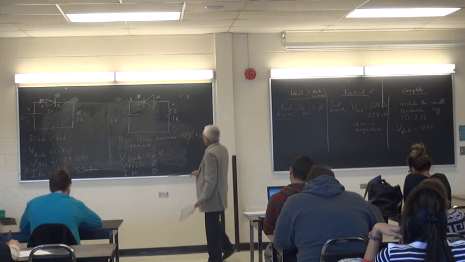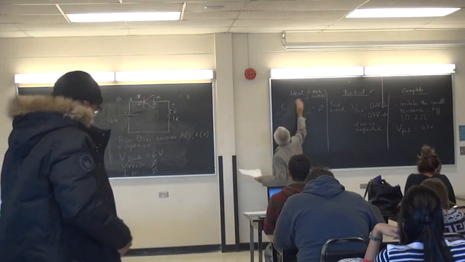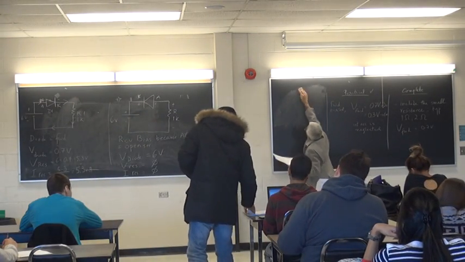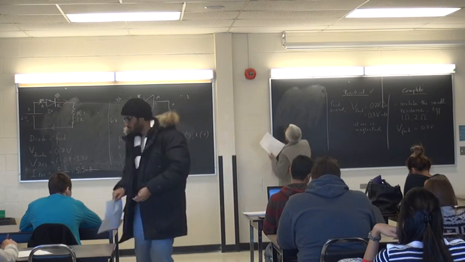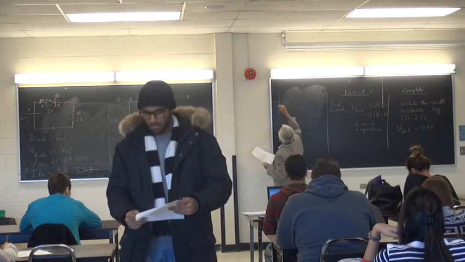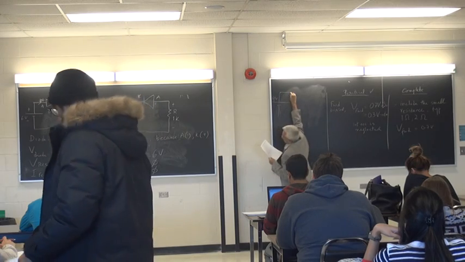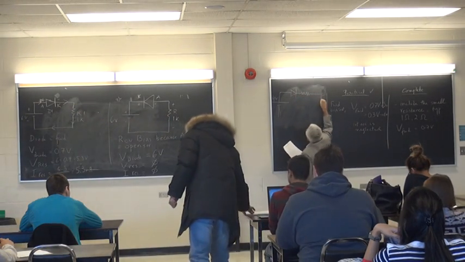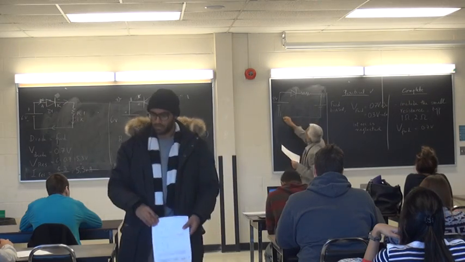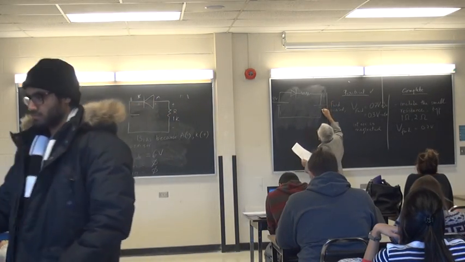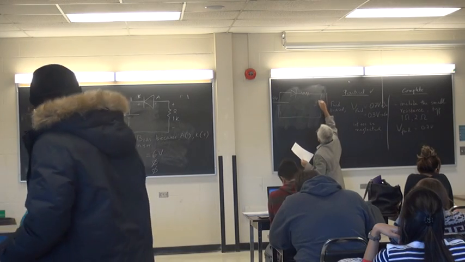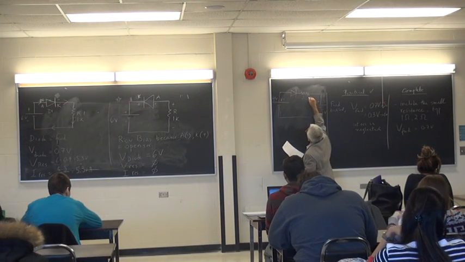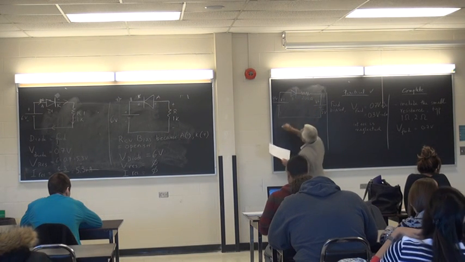We have 2 supplies now. Let's say I've got a 9 volt supply, diode, resistor, another supply, 5 volt supply, V2, V1, R is 200 ohms, diode.